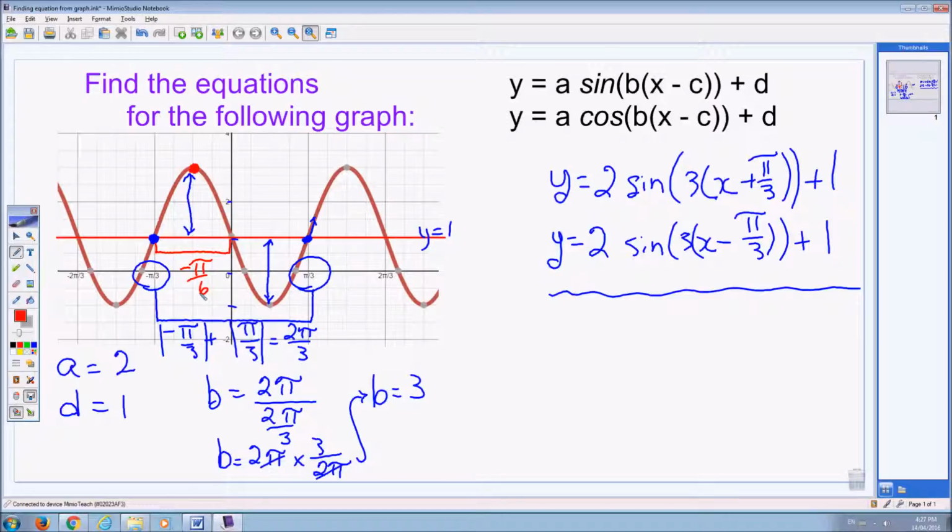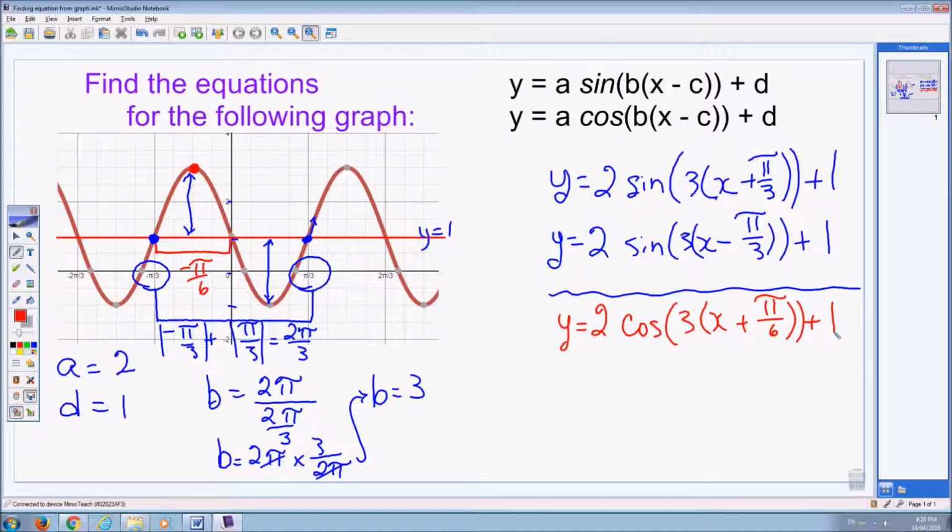So that would be our horizontal translation for the cosine wave. So now we can write y equals 2, amplitude has not changed, cos 3, because the period has not changed, x plus pi over 6 plus 1. So that's the first of my cosine equations that I could consider.